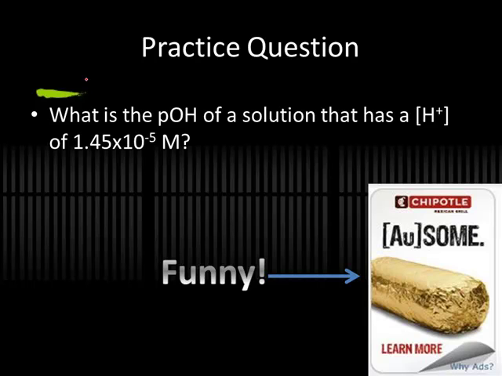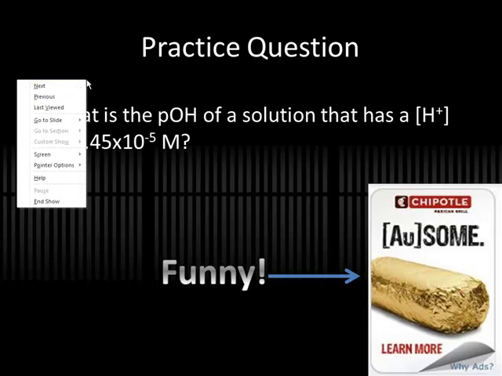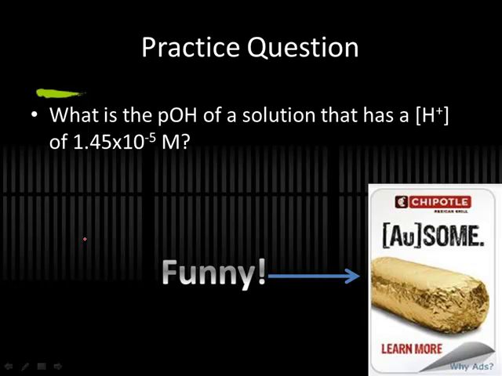Okay, so there's 2 ways we can do this. Okay, so we have the H plus. H plus equals 1.45 times 10 to the negative fifth molarity. We can go from H plus to pH by taking the negative log of that to get our pH.